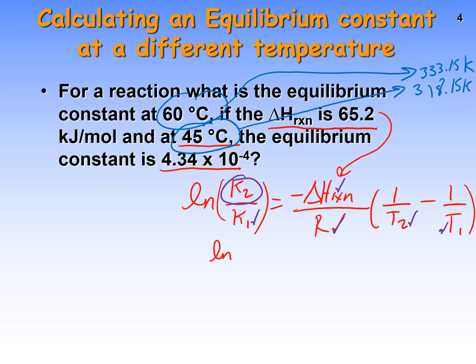So let's fill in our whole deal here. I'm going to say this equilibrium constant here is my K1. So K2 is what I'm trying to solve for. So I know 4.34 times 10 to the negative 4 goes here in the denominator. And this is going to be equal to negative 65,200 joules per mole all over 8.314.